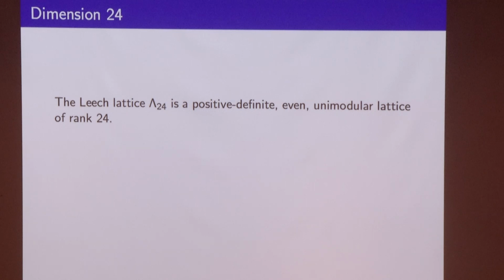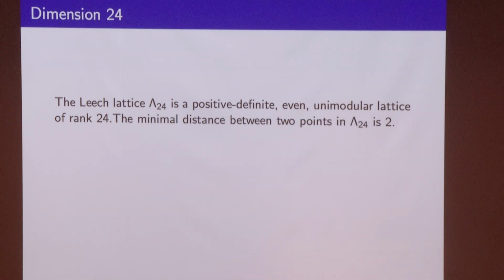And in dimension 24, we also have a special configuration, the so-called Leech lattice. Again, it is even and unimodular. Now in dimension 24, we have 24 such lattices. It's a result by Niemeier that exactly 24 lattices satisfy this condition up to isometry.